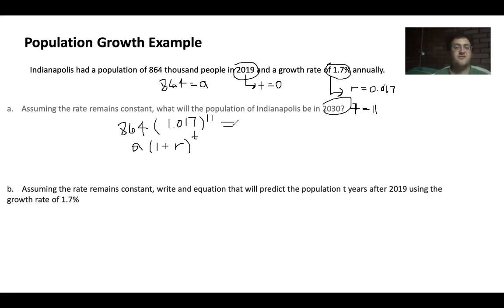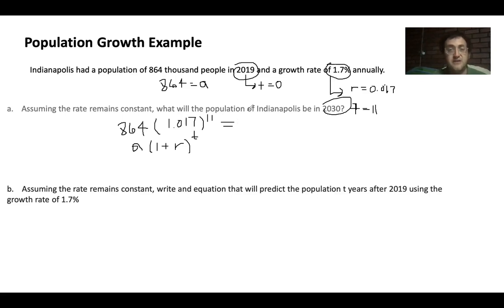And then we're just going to enter that into our calculator. So I got 1.017 to the 11th power. And that's going to be 1.017203 times 864.